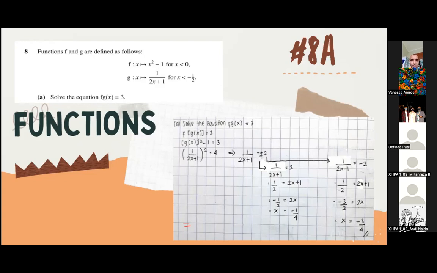Sometimes you write it down as 2x plus 1, sometimes 2x minus 1. I know this is not a mistake, just a writing error, because the result afterwards is correct. Yeah, I think that's all that I can find.